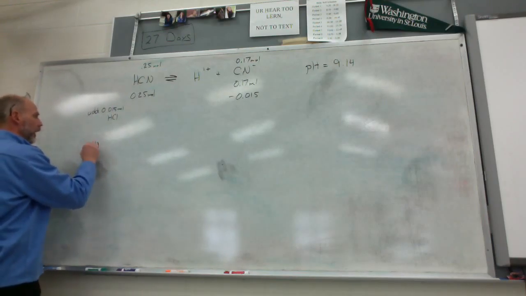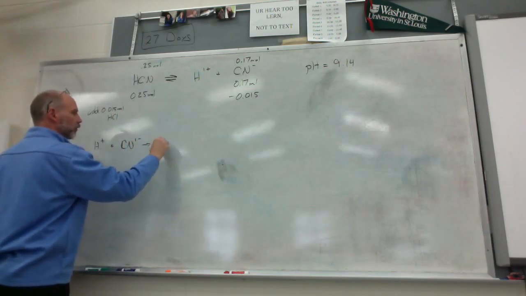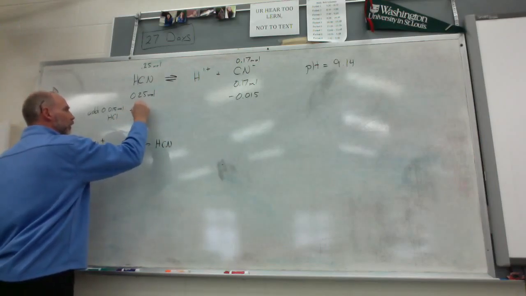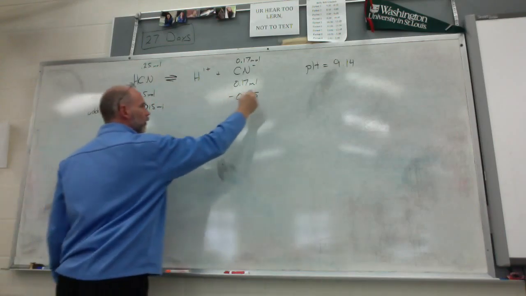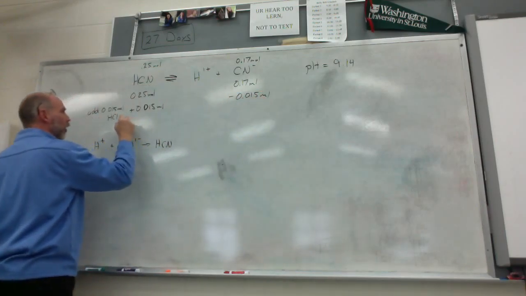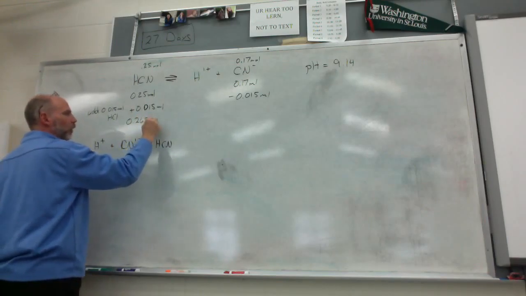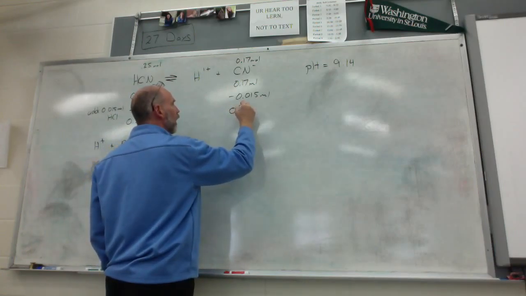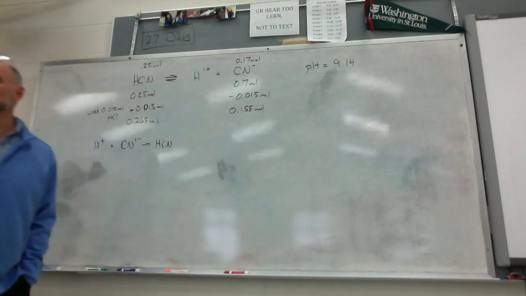Because the H+ is going to create some more HCN in the amount of 0.015 moles. So over here we're going to have 0.265 moles, and over here we're going to have 0.155 moles. You guys concur? Okay?